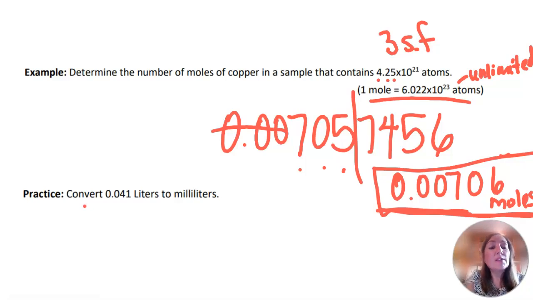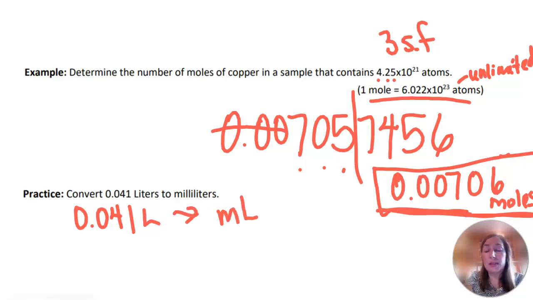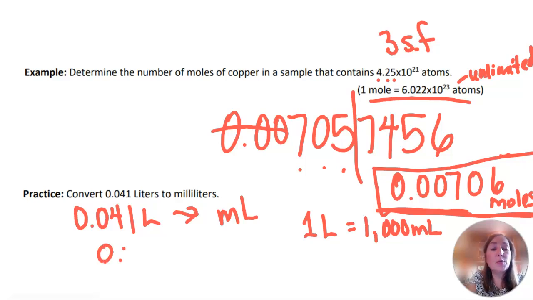Okay, convert 0.041 liters to milliliters. So we're going to do liters to milliliters. Our conversion factor there is, in every 1 big liter, how many little milliliters are there? That's right, there are 1,000 little milliliters. Okay, we're going to write down our known, 0.041 liters.